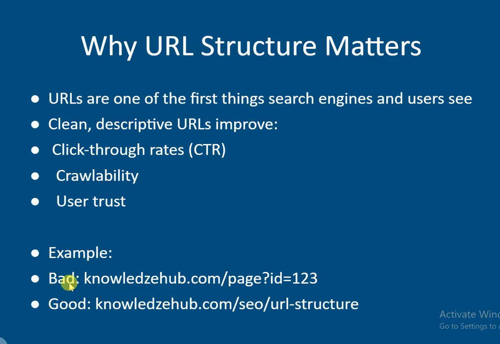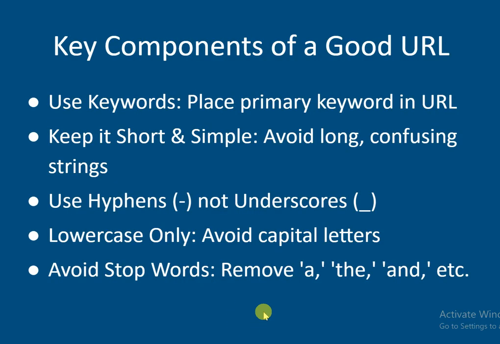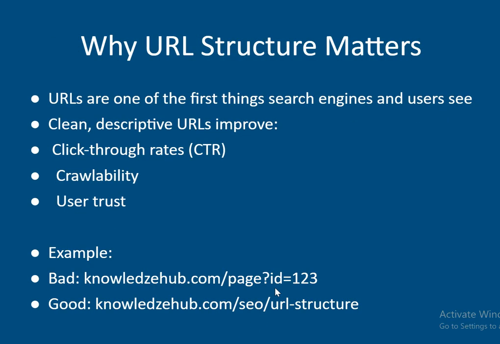Here, if you see, this is the bad URL: knowledgehub.com/page and some additional special characters are there, question mark id equal to 123, and all. When it comes to a good URL, knowledgehub.com/seo/url-structure. Even to remember the bad URL is very difficult.